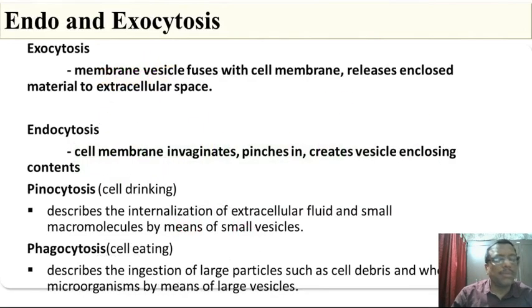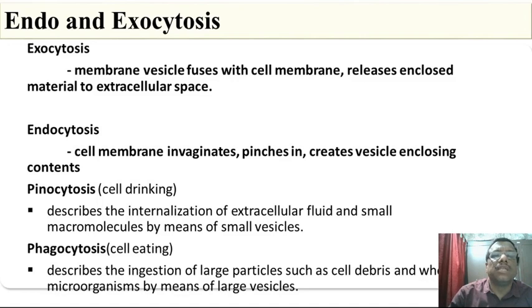And the plasma membrane also carries out the process of exocytosis and endocytosis. Exocytosis means the movement of molecules outside the cell. Here the movement of molecules or substances outside the cells through the membrane by forming vesicles.